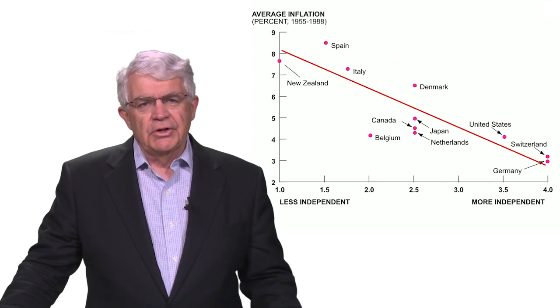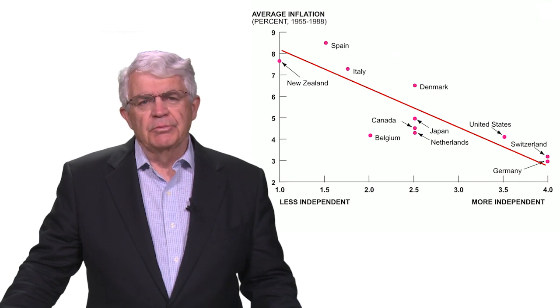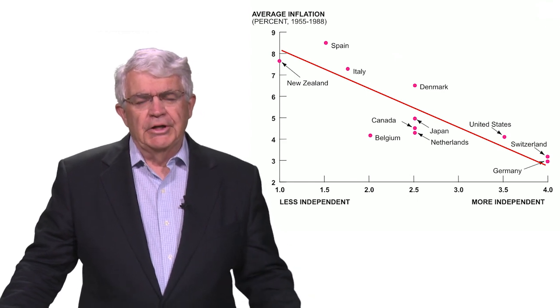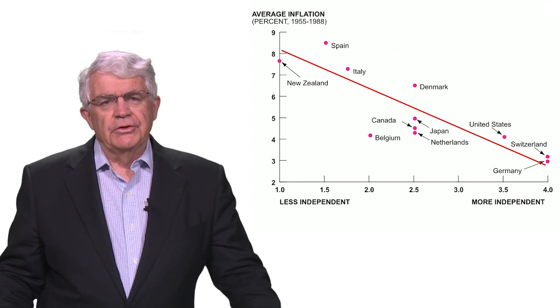And then there's also a couple of interesting case studies. In the late 80s, early 90s, that was the picture of New Zealand, a very dependent, not very independent central bank, and it had a high inflation rate. And by looking at these kinds of relationships, the government of New Zealand decided to give the central bank independence, and as a result of that, inflation came down.